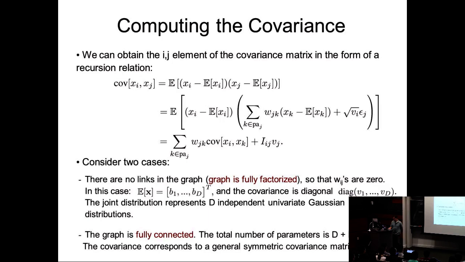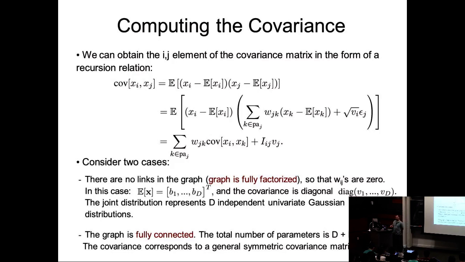And the covariance is just going to be v1 up to vd, so it's diagonal. So the joint distribution represents d independent univariate Gaussian distributions. It's a Gaussian model with mean given by the bias terms, bi, and a diagonal covariance matrix with individual variances. And that's exactly what a fully factorized distribution would look like.